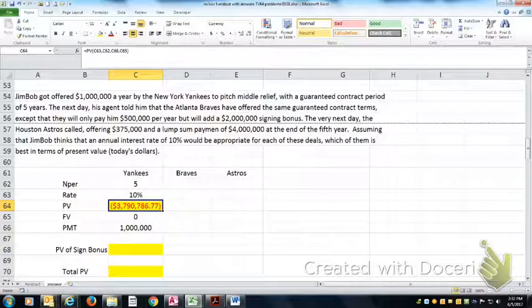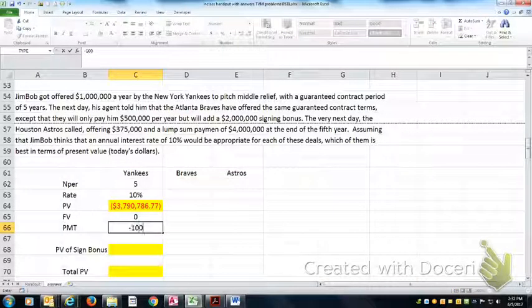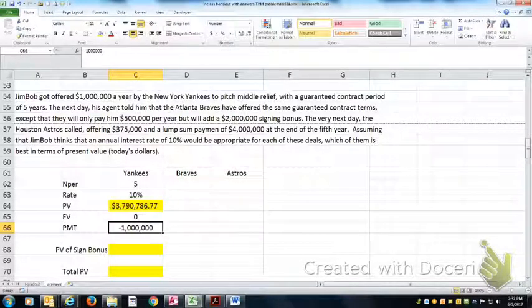Now, if I put the PMT in as a million, a positive number, it's going to solve for a negative PV. Just to keep things simpler, I'm going to use a negative number as the PMT so I get a positive present value.